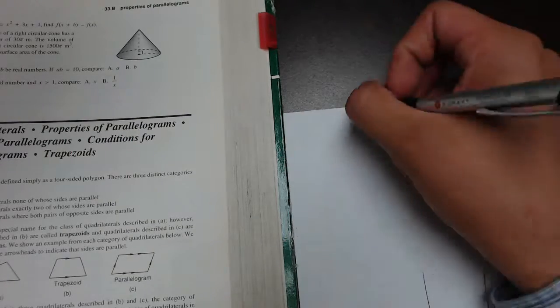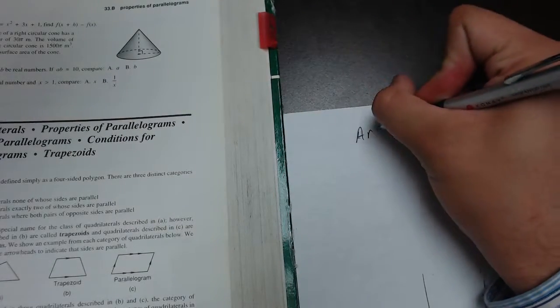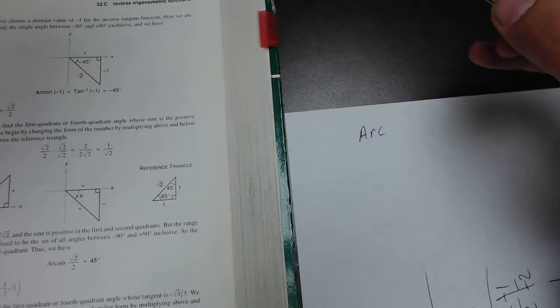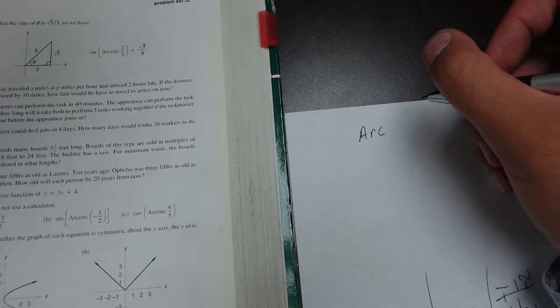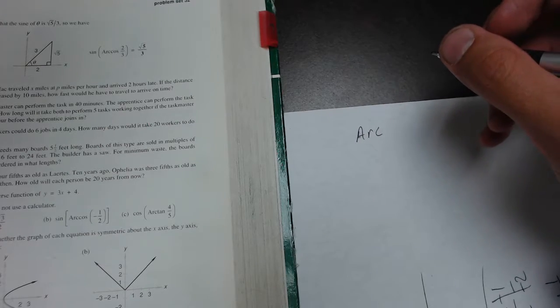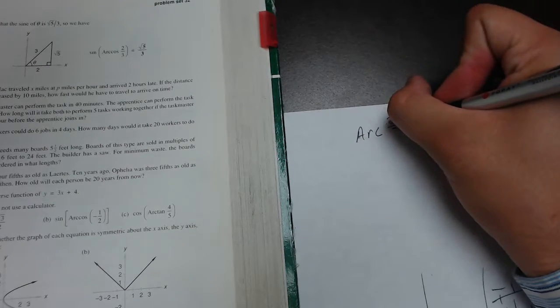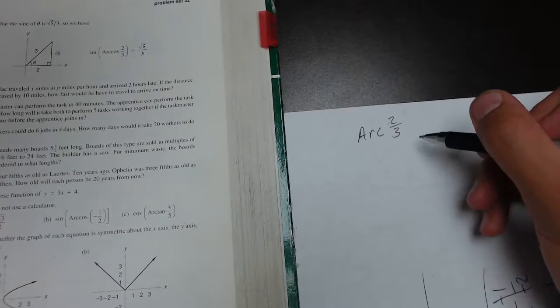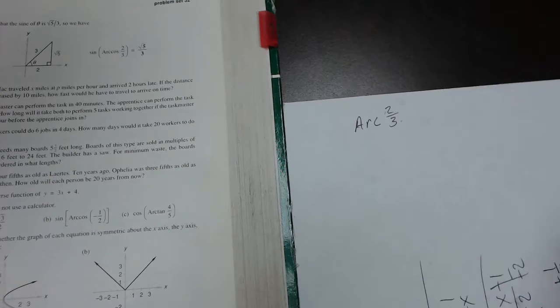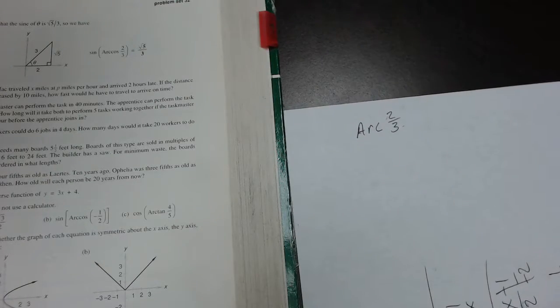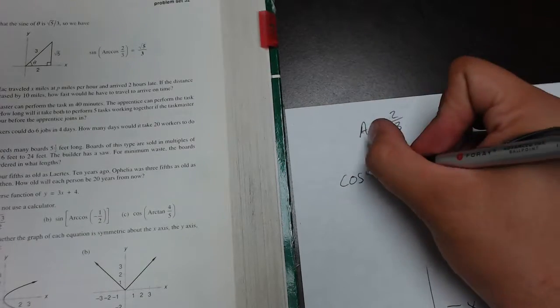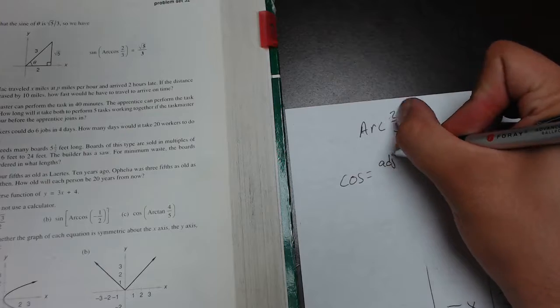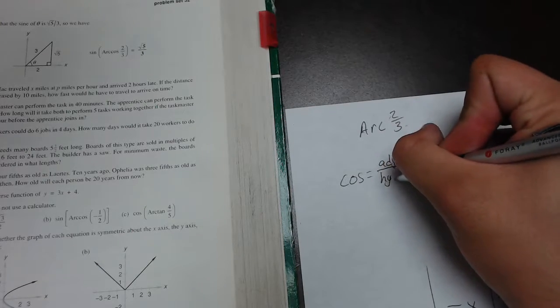Now here's the other trick with arc sine and arc cosine. What if I tell you to find the arc cosine of 2/3, right? Do we have a reference triangle that has a 2 and a 3? No, we've got one that has a 2 and a √3. Well, remember, cosine is equal to adjacent over hypotenuse, right?